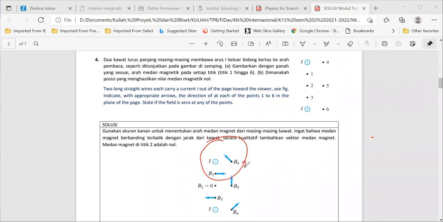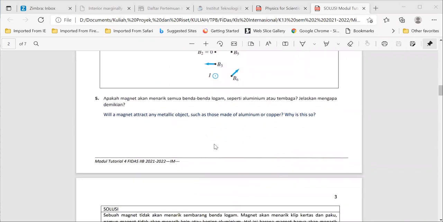This one and also this one. Okay, this is the B here. So it will have 0 if at point 2, yeah. This one. Okay. Yeah. Any question? No. Okay, number 5.